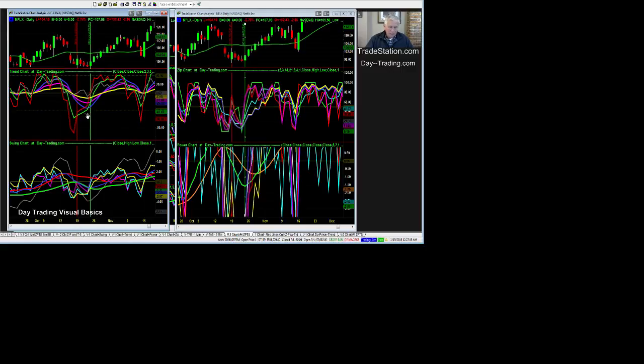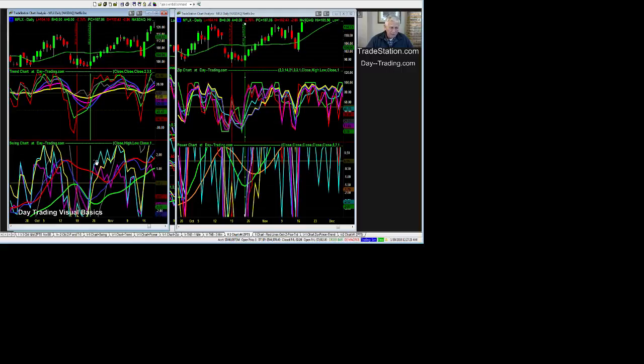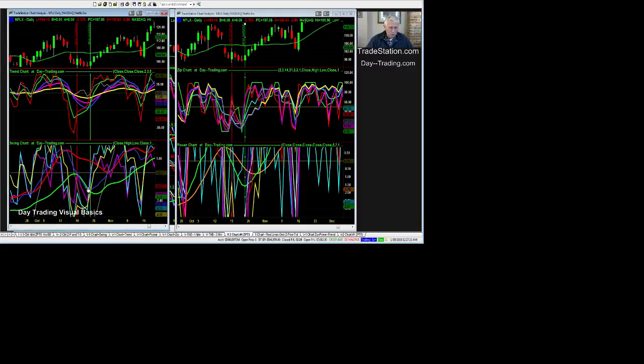Now, if you go down here to the swing chart, you'll see that on the vertical green line, the swing blue has crossed over the swing green line. And if you go to your indicator definitions and look at the swing blue line, you'll see that I've marked out 4 indications for when the swing blue crosses under the red and under the green, and when it crosses over the green and over the red.